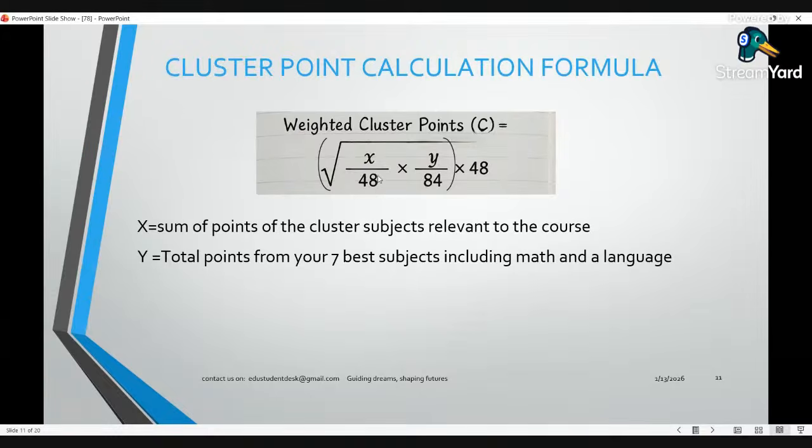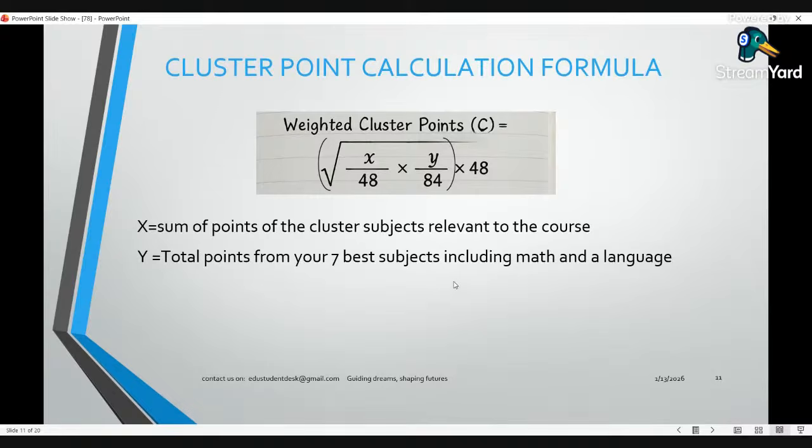So this 48 is the maximum possible marks, and 84 is the maximum total marks of your 7 subjects. x represents the sum of points of the cluster subjects relevant to that course, and y is the total points from your 7 best subjects, including math and one of the languages.